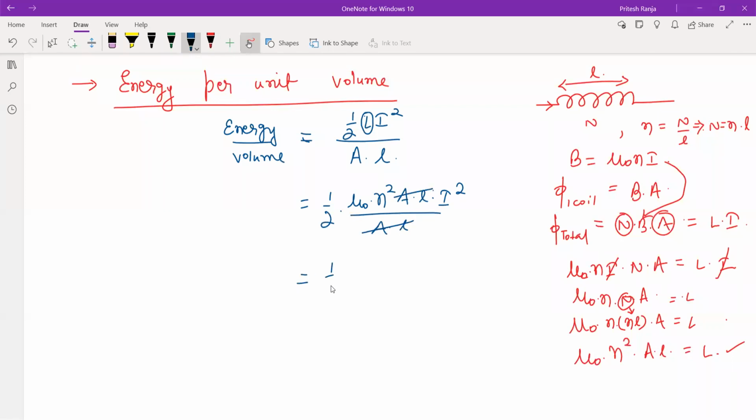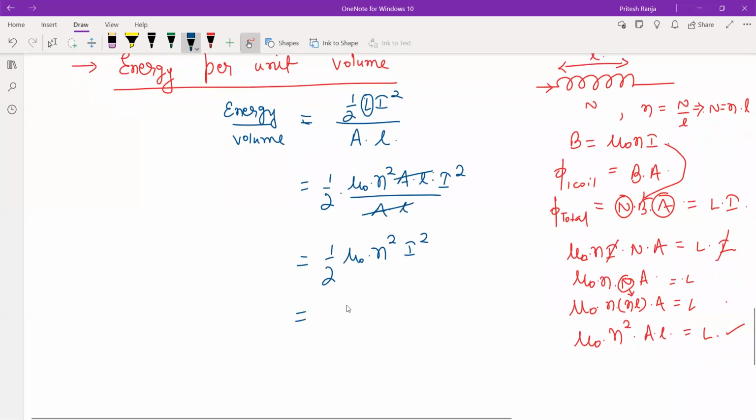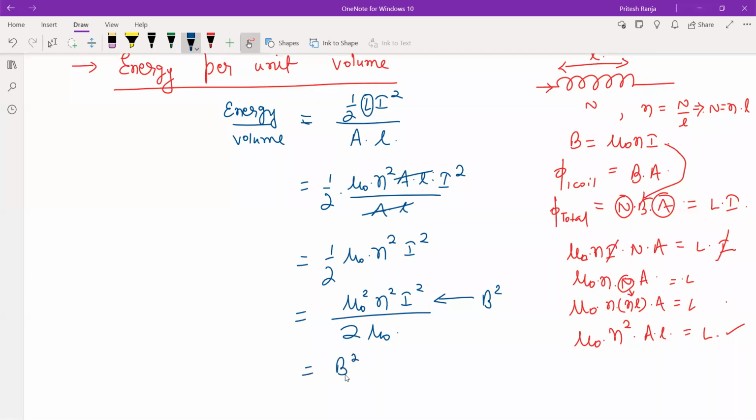So that is equal to half mu naught n square I square, and this can be written as mu naught square n square I square by 2 mu naught, and this can be written as B square. So we get the expression of energy stored per unit volume, B square by 2 mu naught.